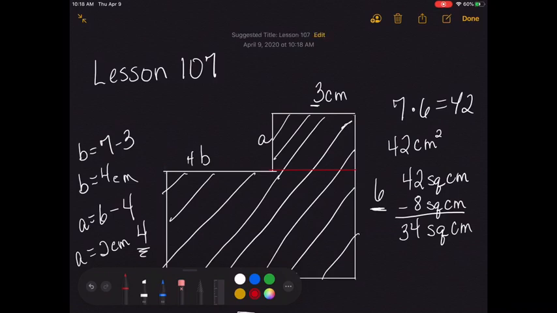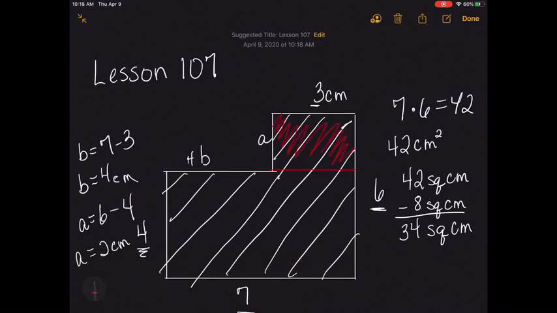Okay, so what is the size of this rectangle right here? Well, we know that this length is 3, and we already decided that A is 2 centimeters.